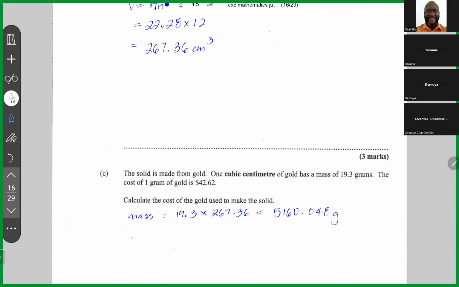So 1 gram costs $42.62. The cost of the solid would be the cost of 1 gram, $42.62, multiplied by the mass of the solid, which is 5,160.048.